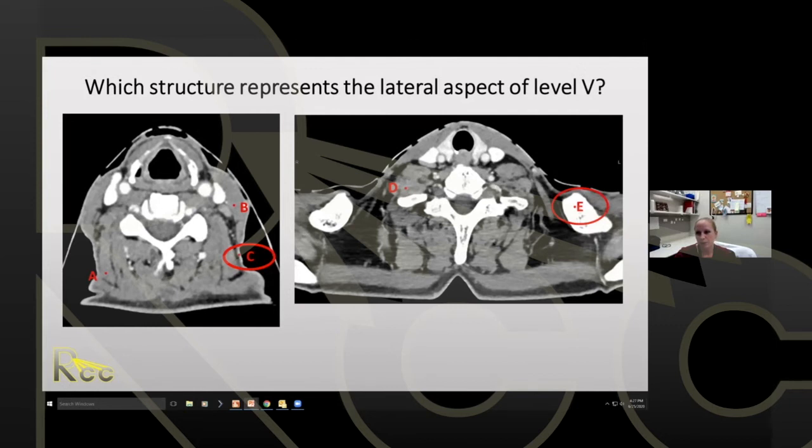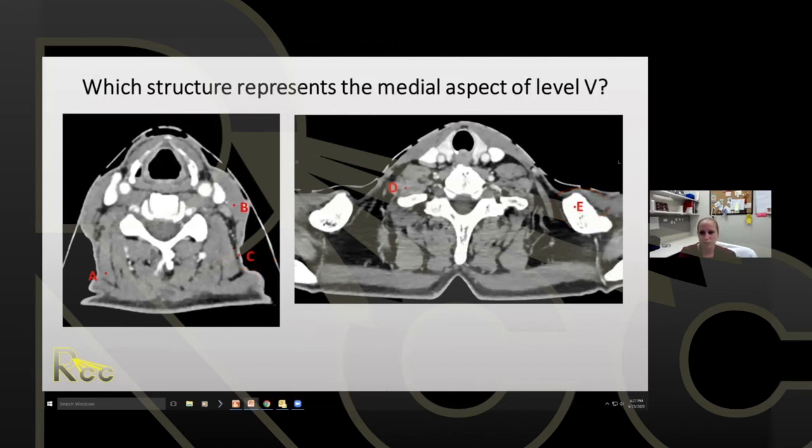So the clavicle and the skin as we get further down. So again, A, that structure is the levator scapula, B is the sternocleidomastoid, C is the skin, D is the middle scalene, and E is the clavicle.